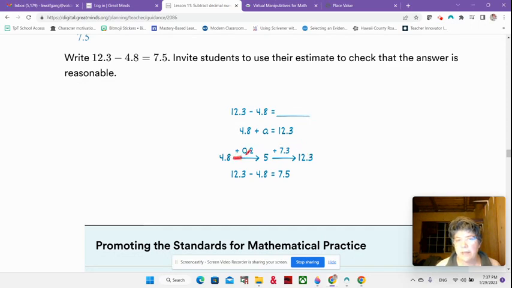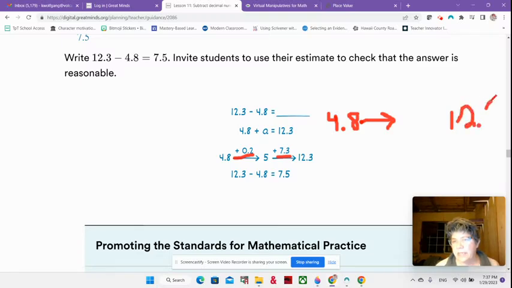Okay, so you might be thinking, well, how do we know these numbers, right? These are numbers that we come up with. So let's just think about that for a minute. We start at 4 and 8/10, and we're going to, by some unknown, land at 12 and 3/10, right?